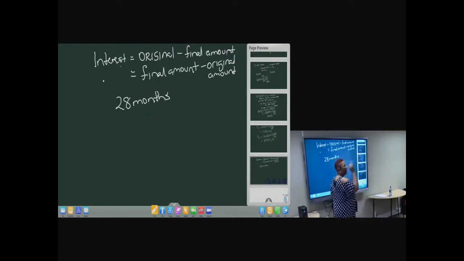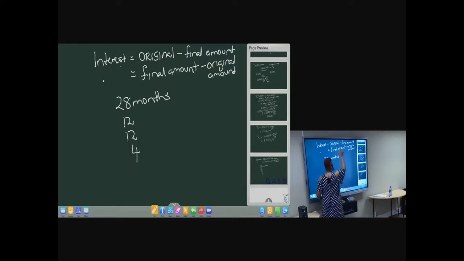When you are first given months, make it a point that you know how many 12s are in that number. So now your 28 is made of 12 and a 12 and a 4. So it means now you have got a full year and a full year and some months.